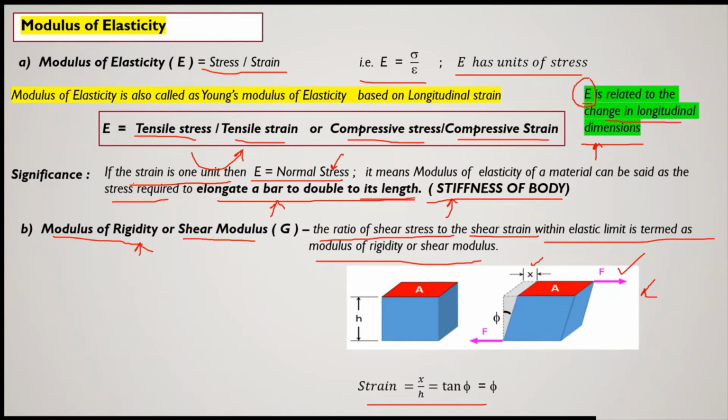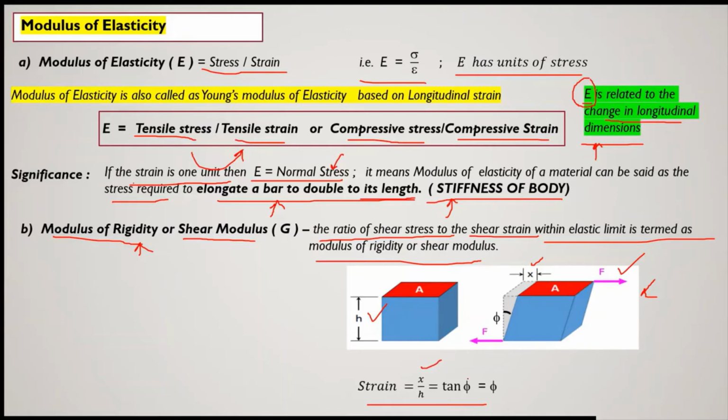That means when you are applying a tangential force, the distance between that surface and the other parallel surface which is resisting is h. So here shear strain will be x by h.